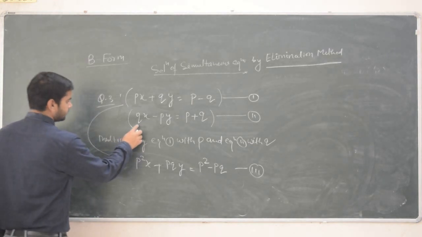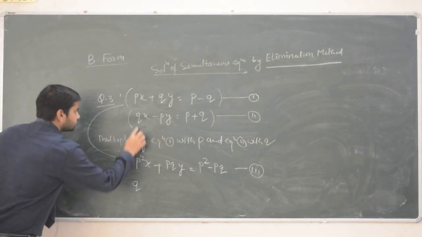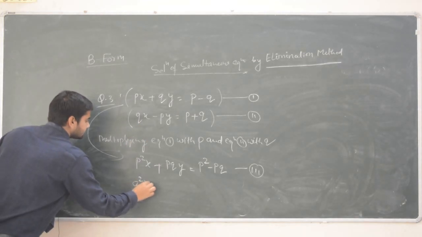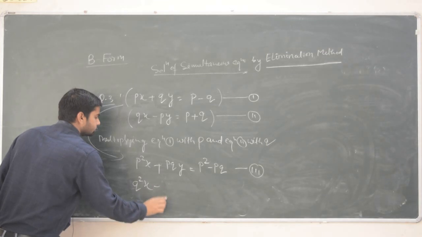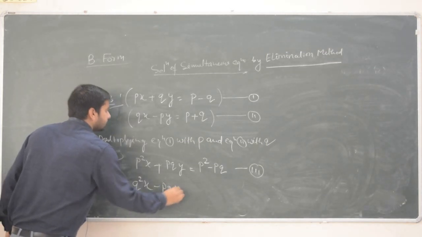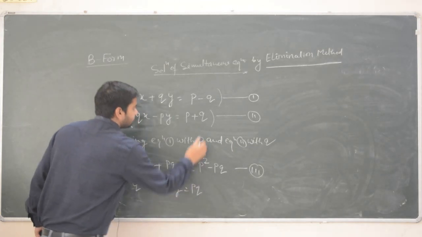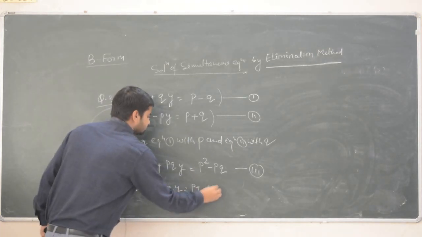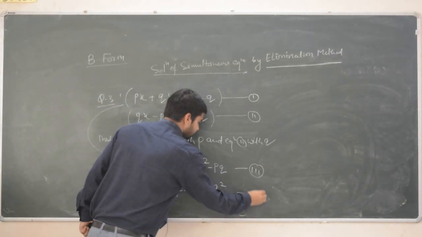Now we have to multiply equation 2 with q. It will become q into q square x, q into p minus qp or minus pq into y, equal to q into p which is pq, and q into q square. Suppose this is equation 4.